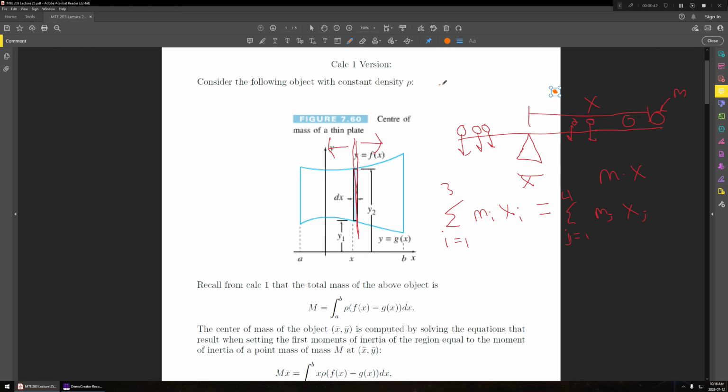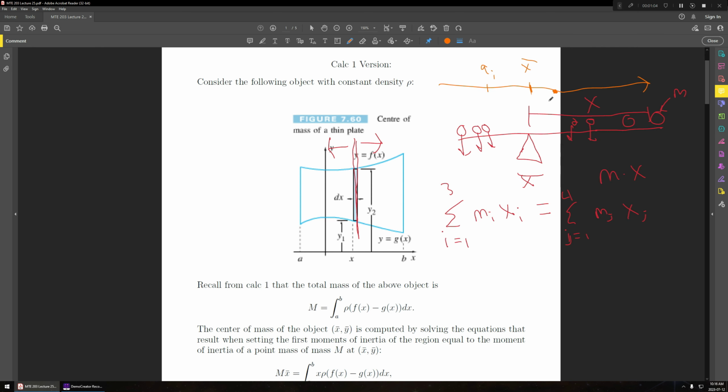Based off this coordinate system, my center of mass would be over here at x bar. And each one of these terms has a new distance that I'll call a_i, just to make it different. It's not this x_i, but a new distance from some coordinate system.